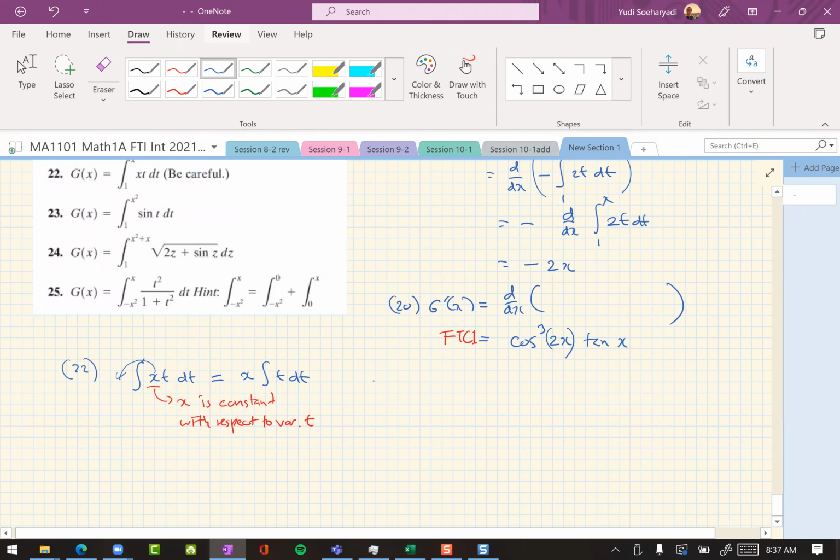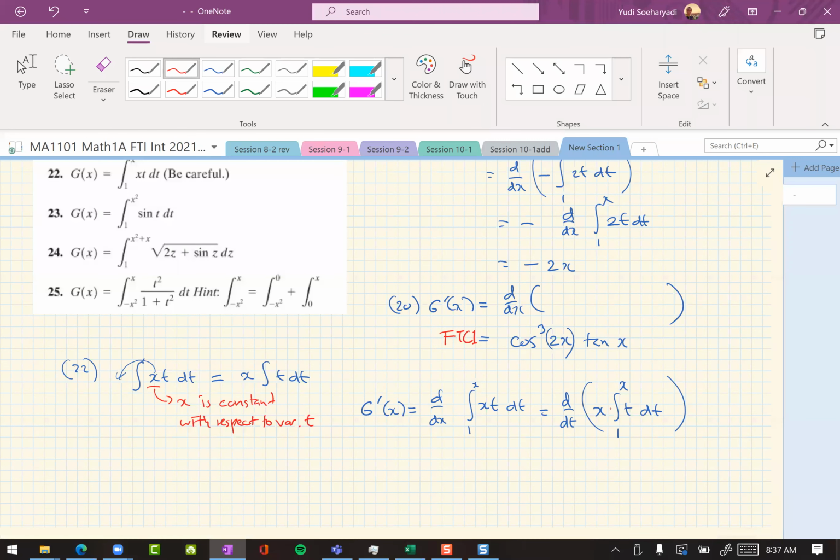So then what you compute here is now G prime, which is d/dx of, let's say you rewrite this one, the integral from 1 to x of x·t dt, right? So you take the x out. But here you have this times this.